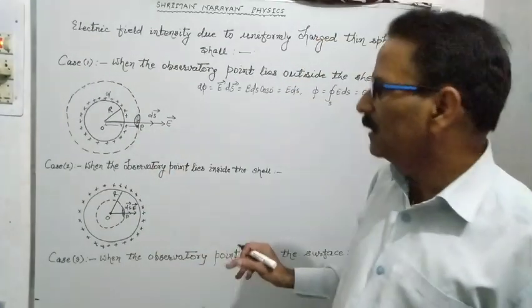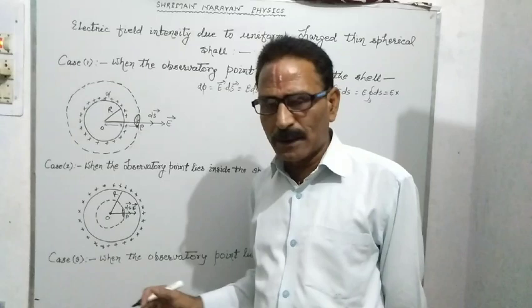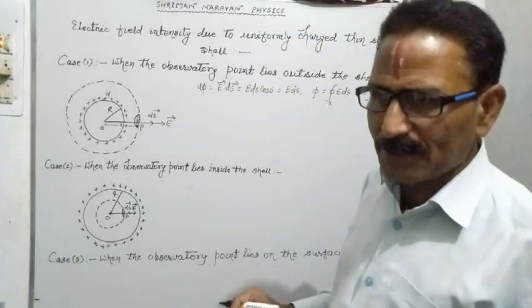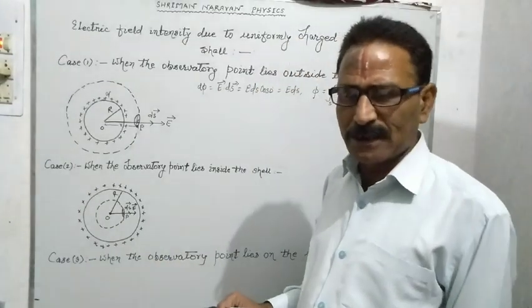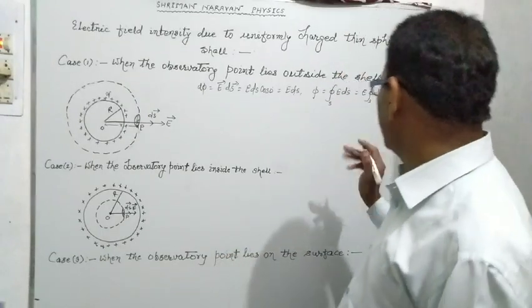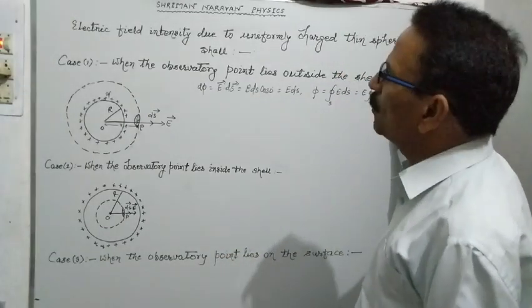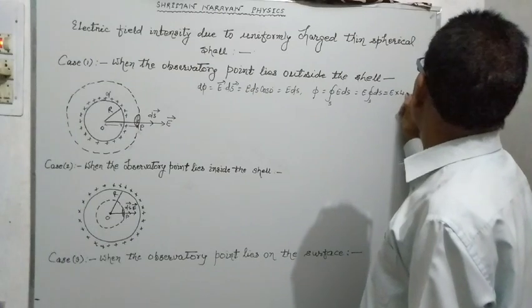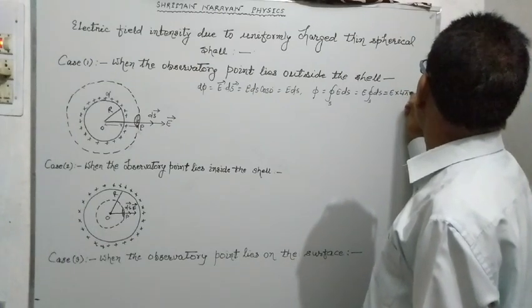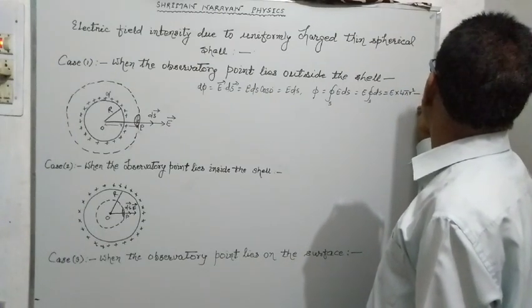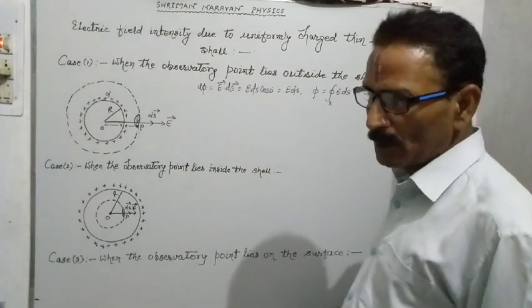And you know very well that for such a geometrically shaped body the total surface area is given as 4 pi times the square of the radius. Certainly it will be E into 4 pi r squared, and let us take this as equation number 1.